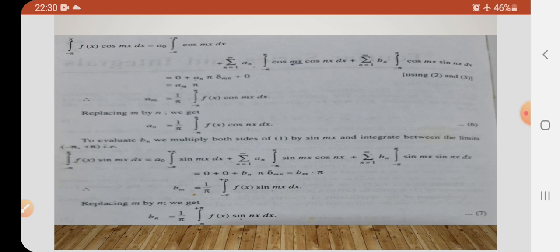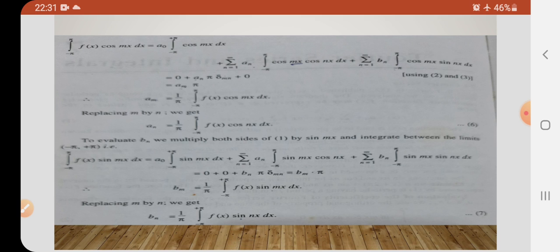We can write the equation: integral from minus pi to plus pi f(x) sin mx dx equals a_0 integral from minus pi to plus pi sin mx dx plus summation n equals 1 to infinity a_n integral from minus pi to plus pi sin mx cos nx dx, plus summation n equals 1 to infinity b_n integral from minus pi to plus pi sin mx sin nx dx.